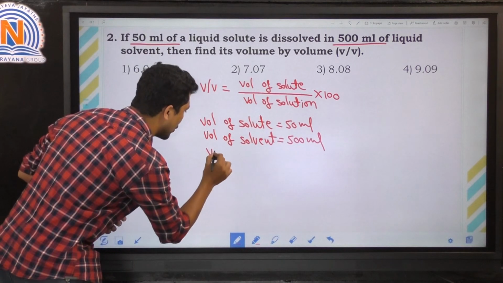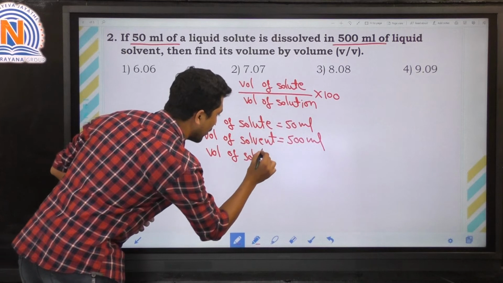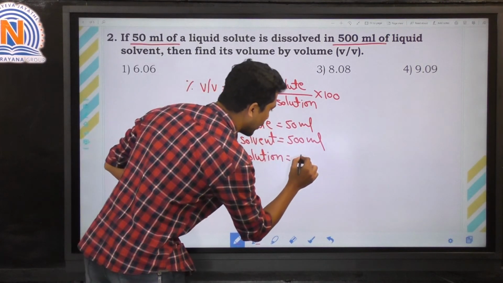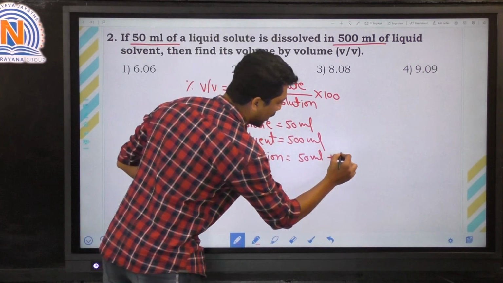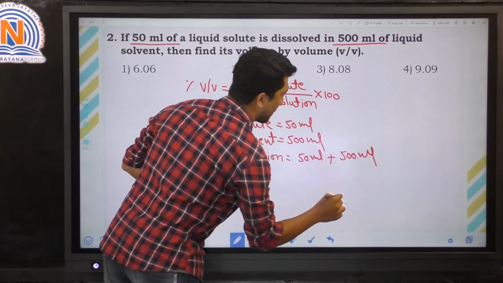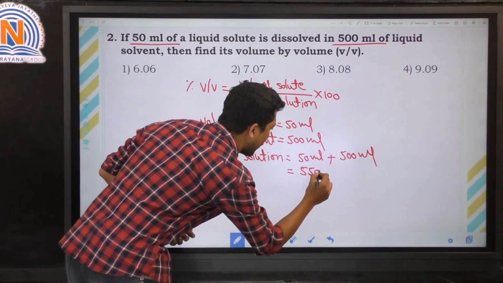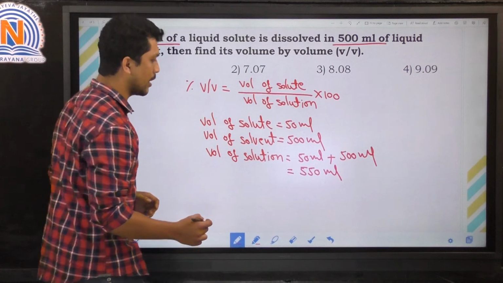Then volume of solution is equal to volume of solute, that is 50 ml, plus volume of solvent, that is 500 ml. Right? Then volume of solution equals 550 milliliters. Then substitute these values in the formula, we will get the answer.